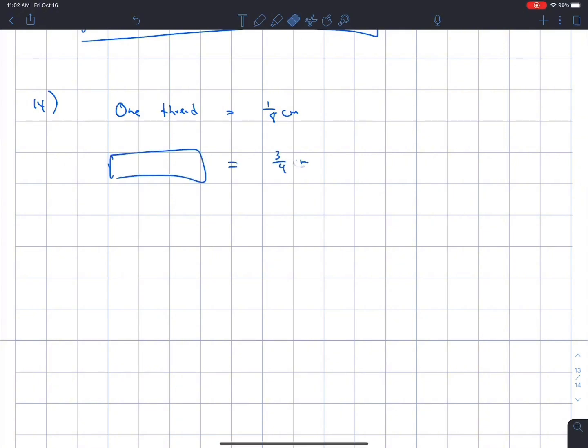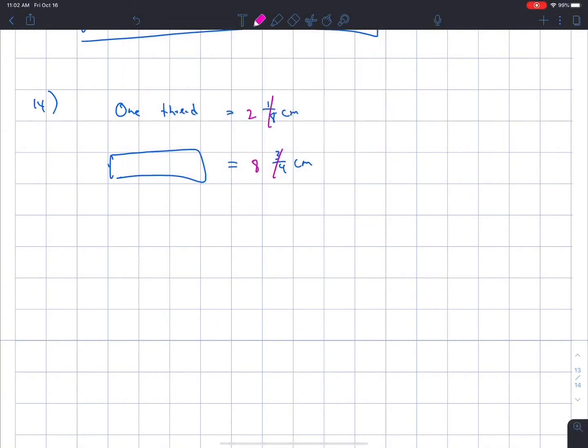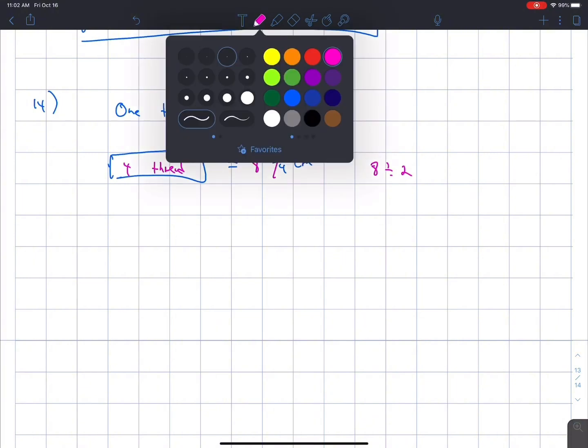Again, if you change them into easy numbers, you should see that this will be a division problem. Let's say I change this to 8 and I change this to 2. If every thread is 2 centimeters, then we should have 4 threads in 8 centimeters. How do we do it? We just want 8 divided by 2. So it's the same idea.